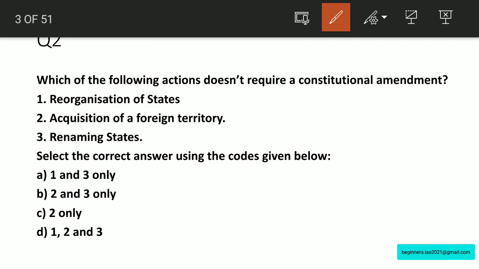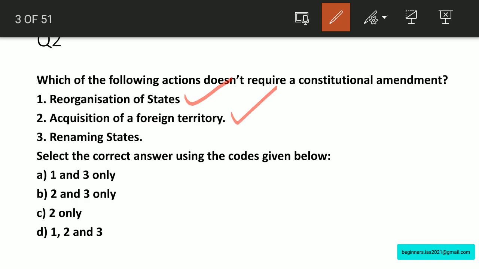Therefore, this does not require it. Article 2 empowers Parliament to acquire a foreign territory as well as create an autonomous state within a state without amending the constitution. Therefore, acquisition of foreign territory does not need a constitutional amendment.